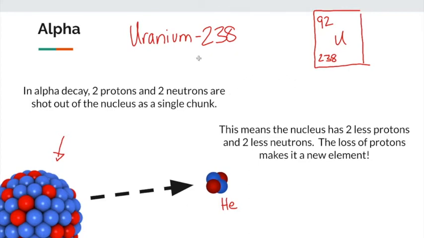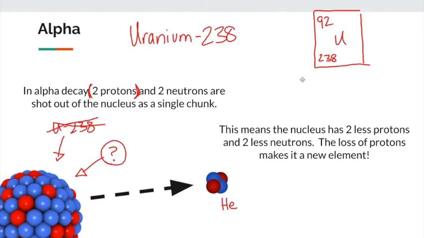Now, if uranium-238, this nucleus right here, emits an alpha particle, what happens to this nucleus? Is it still going to be uranium-238? No, of course not. It can't be. It's losing protons, and protons define the element. So if 2 protons go shooting out of here, this is no longer uranium. What has it become?